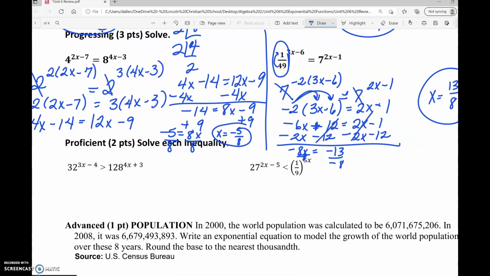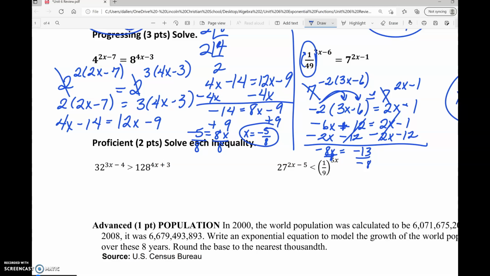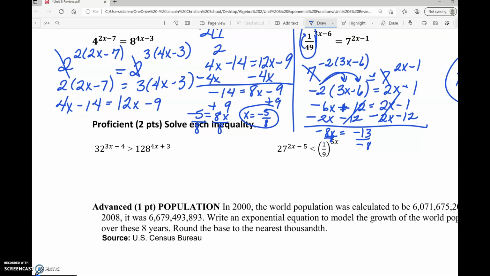Inequalities work the very same way as equalities, except that if we divide or multiply by a negative, we need to remember to change the sign. So I have 32, which can be written as 2 to the 5th. Again, you can just break that down into factors if you're not sure what the power is.